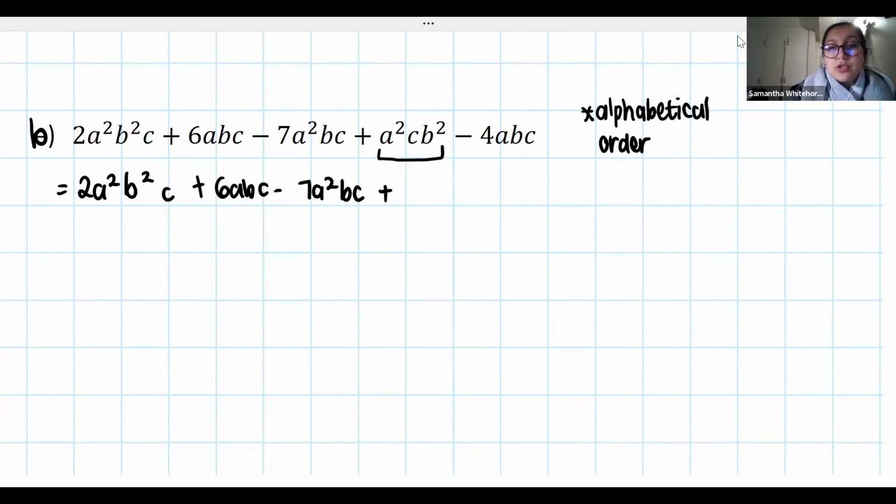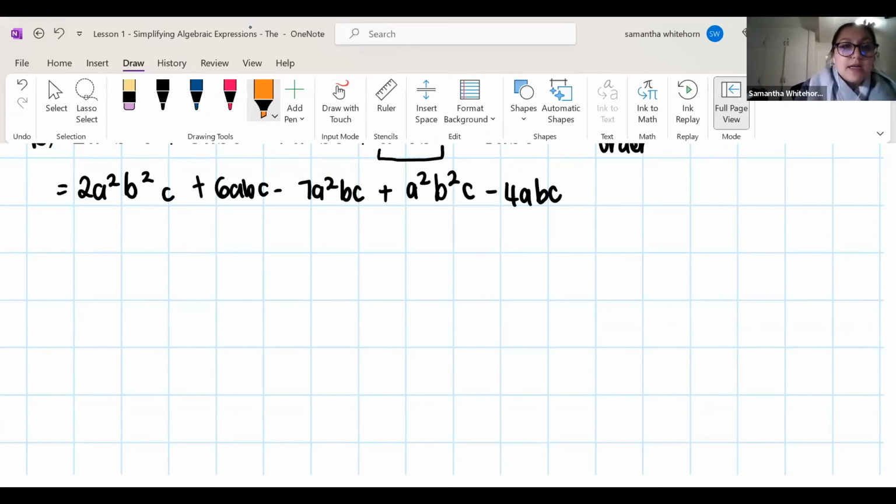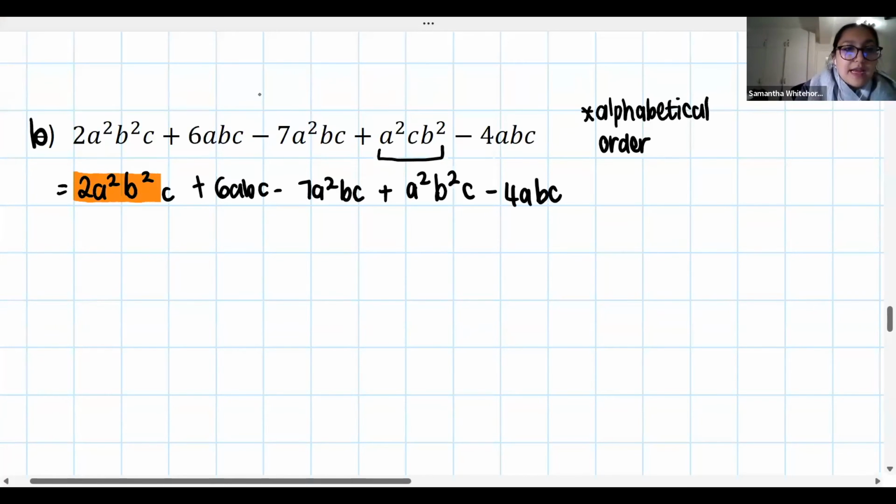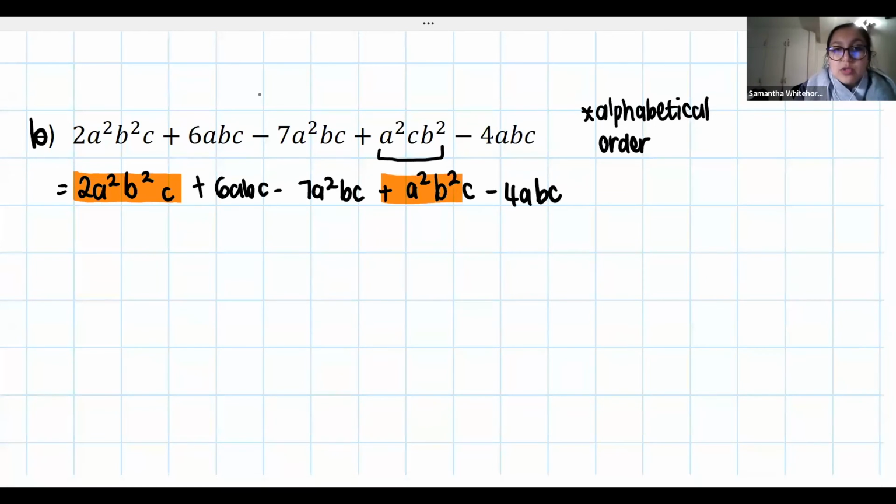But now this fourth term, let's reorder it. A first, so A squared, then the B, so B squared, then the C. And that reordering hopefully helps us identify our like terms, because what I can now see is that I've got a term with A squared, B squared, C squared, and that is then a like term to the 2A squared, B squared, C squared.